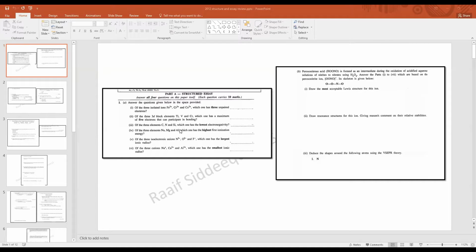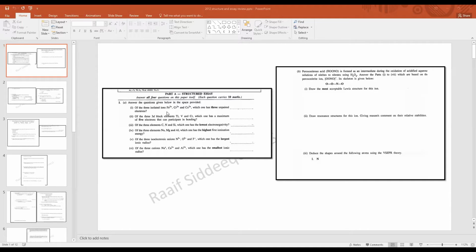Okay. So of the 3 isolated ions, Fe3+, chromium 3+, and cobalt 2+, which one has 3 unpaired electrons? The easiest way is to write down the electronic configuration and quickly sort out which one has 3 unpaired electrons. Okay.